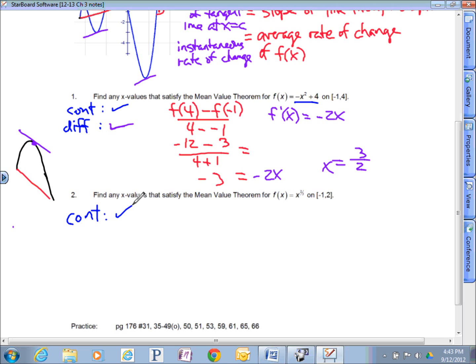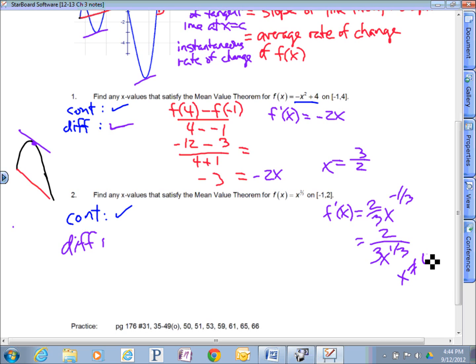Differentiable, on the other hand, well, let's see. If I do f prime of x, how about 2/3 x to the negative 1/3 power, or 2 over 3x to the 1/3? Is there any issue with that? Well, that derivative would be discontinuous at x equals 0. So x cannot be equal to 0. This function would not be differentiable at x equals 0.